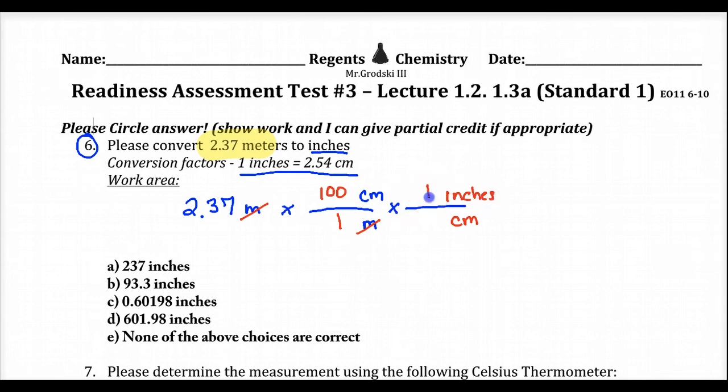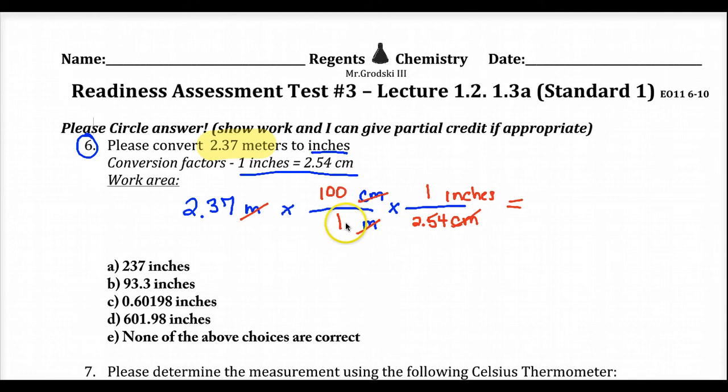Okay, every 1 inch there's 2.54 centimeters. Okay, so when I calculate, I take 2.37 times 100, divide by 1, times it by 1, and divide by 2.54. I just do that all the way through my calculator.